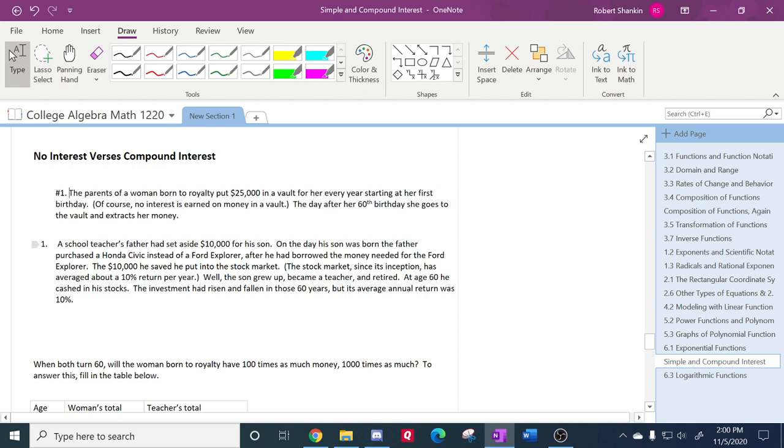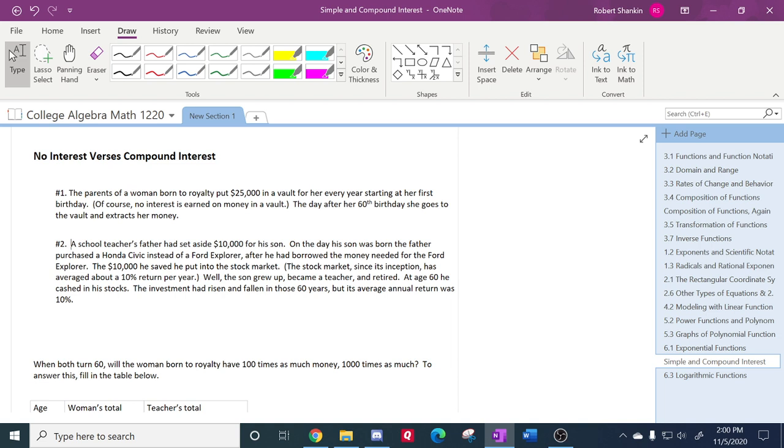Number two, the school teacher's father set aside $10,000 for his son. The day his son was born, the father purchased a Honda Civic instead of a Ford Explorer, after he'd borrowed the money needed for the Ford Explorer. The $10,000 he saved, he put into the stock market.